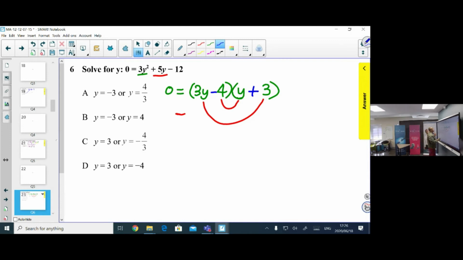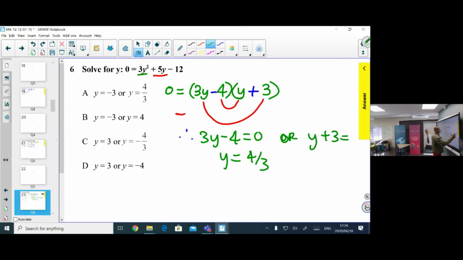Okay, now that we have factorized it, we can simply say, therefore, 3y minus 4 equals 0, which actually gives us what? y equals 4 over 3, or y plus 3 equals 0, which means y equals -3.